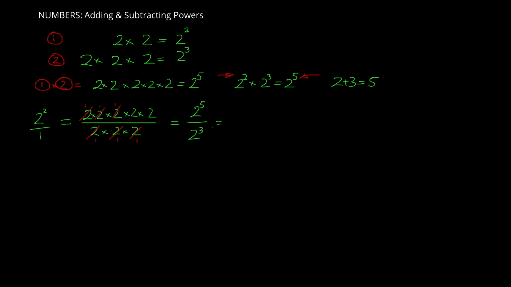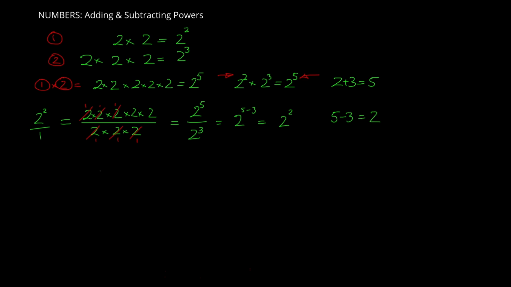But by subtraction, if we subtract 3 from 5, we'll get 2 to the power 2. So this is equal to 2 to the power 5 minus 3, which is equal to 2 to the power 2. So we've got a subtraction rule. In this case, it was 5 minus 3 is equal to 2.